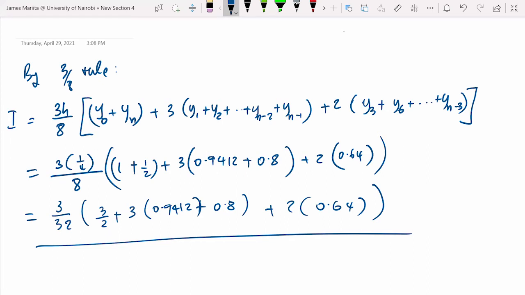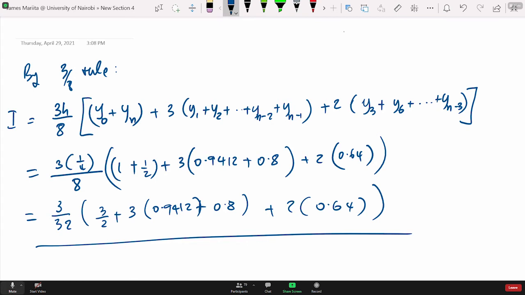We used the same interval for the same question. Otherwise, if we were given an alternative about the intervals, we were told to divide the 0, 1 into 4 equal parts in both cases, and work out the third rule and the 3/8 rule.